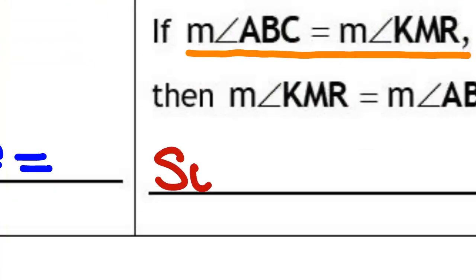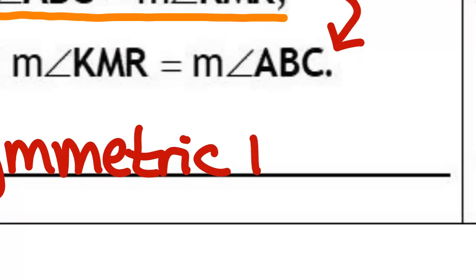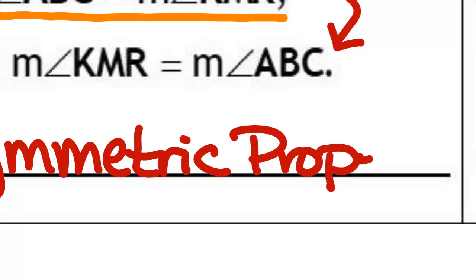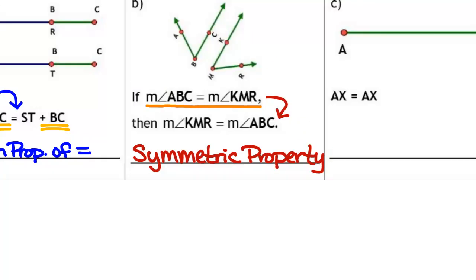Symmetric property. Why is it just property, not property of equality? It's not a property of equality because we didn't do the same thing to both sides. We just flipped the sides. When you do the same operation to both sides, then it's a property of equality.